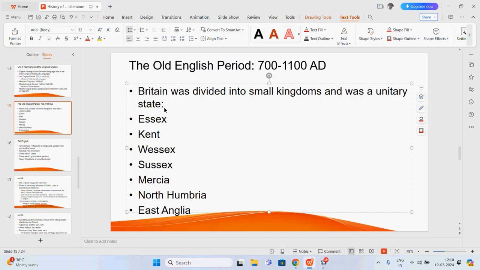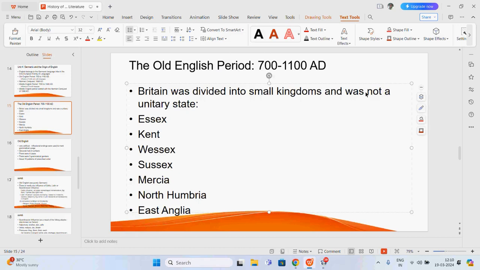Britain at that time was divided into small tribal kingdoms and was not a unitary state as we know it today. The UK, England as we know it today, is not the same when we are talking about the Old English period, 700 to 1100 AD.